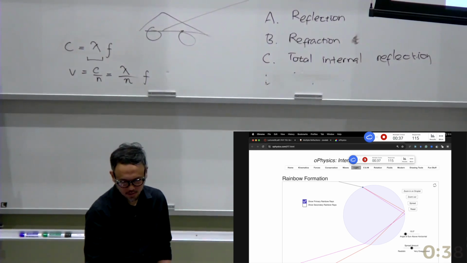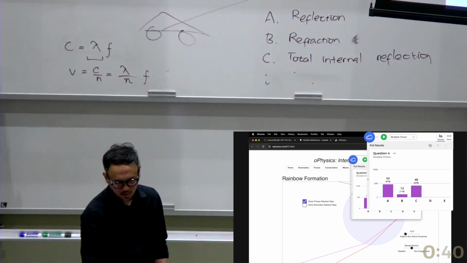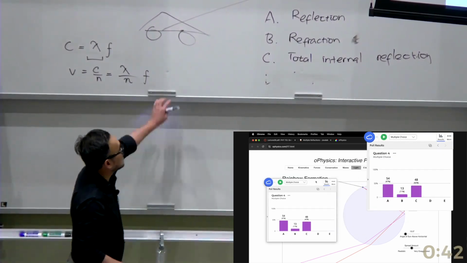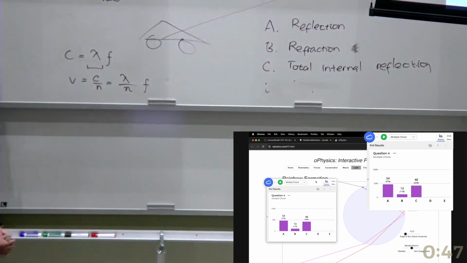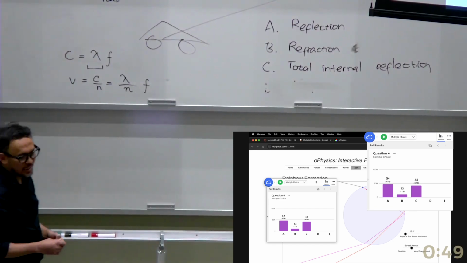Okay, so let's see. A is almost correct. But in reflection, there is only one refractive index.